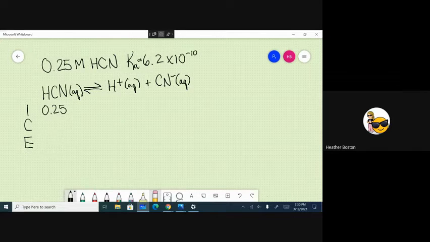Remember, ice charts we put molarities into. BCA charts we put moles into. So you do not have to do an ice chart every single time, because remember I told you each of these ice charts is going to have the same format.